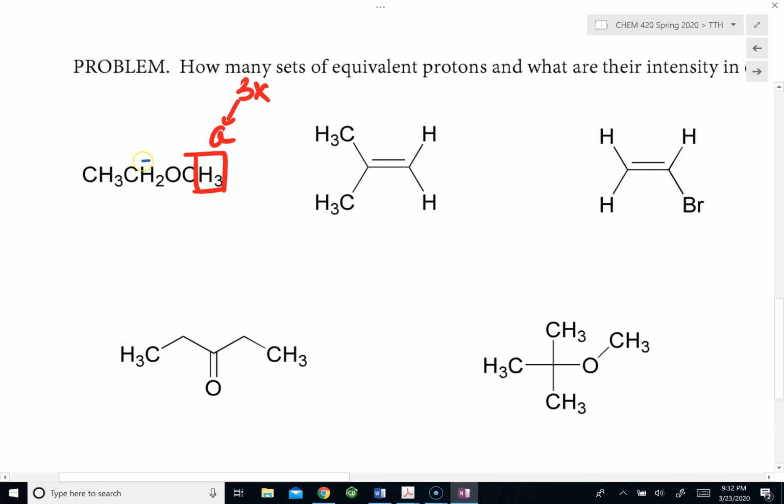Moving on, these 2 hydrogens in here are chemically similar, so they will give us another distinct signal. Let's call this signal B. Because signal B comes from 2 hydrogens, it will be twice the intensity.